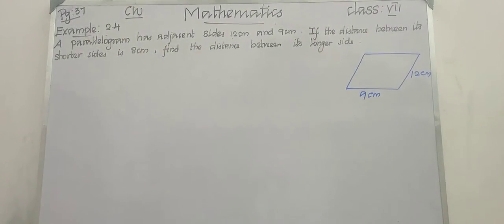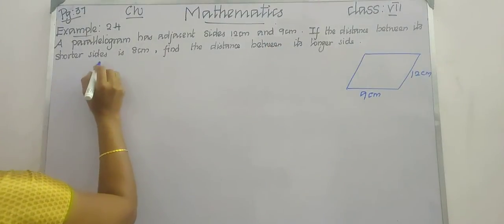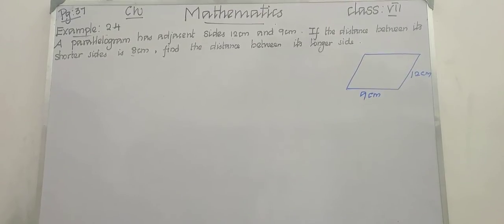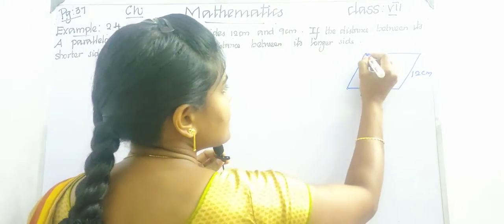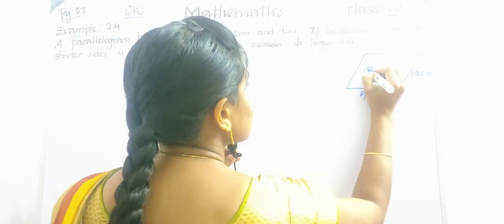If the distance between its shorter sides is 8 centimeter, the distance between the shorter sides we can say is the height. This is the distance between the shorter sides, and this one is 8 centimeter.